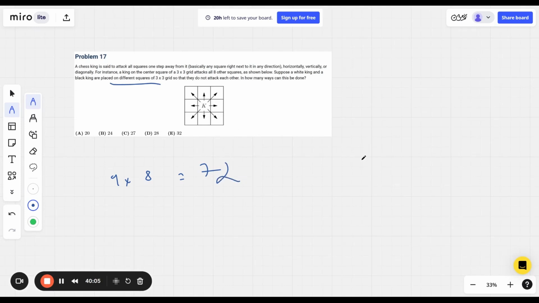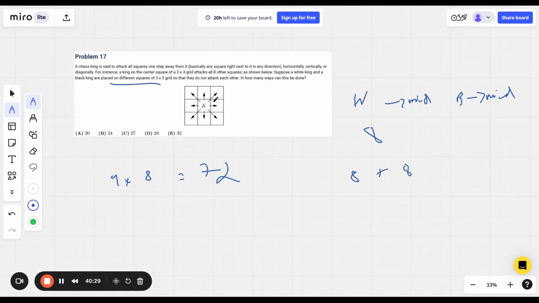And how many ways will they attack each other? Well, that's if the white king is placed on the middle square, and then the black king has 8 other options, so that's 8 bad options. And then there's a symmetric case for the black king being placed in the middle, and the white king having 8 other options.